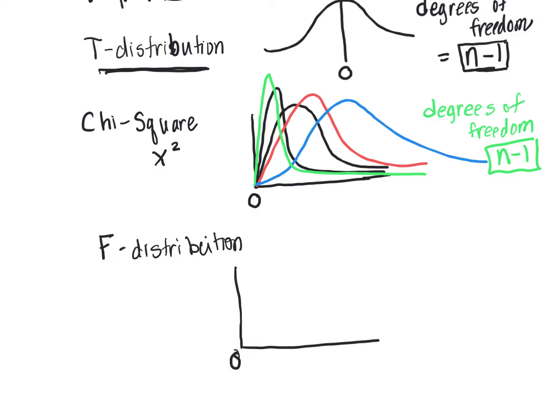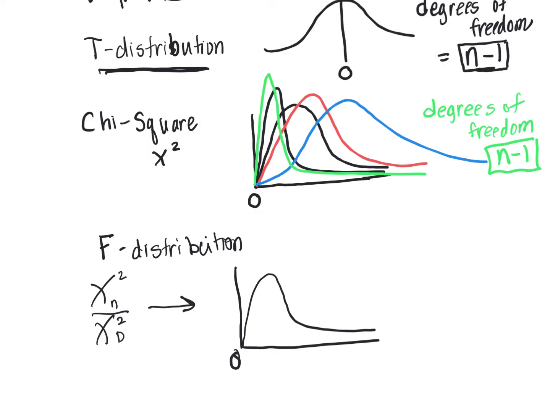And then it's going to have a slightly different shape than this, but still the same idea. It's going to go up and kind of come down based on its degrees of freedom. Because you're taking two chi-squareds and you're dividing them like this. There's a chi-squared divided by a chi-squared giving you this kind of shape.